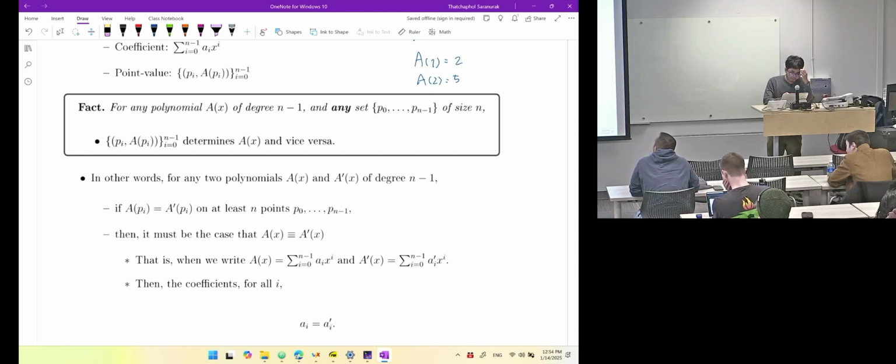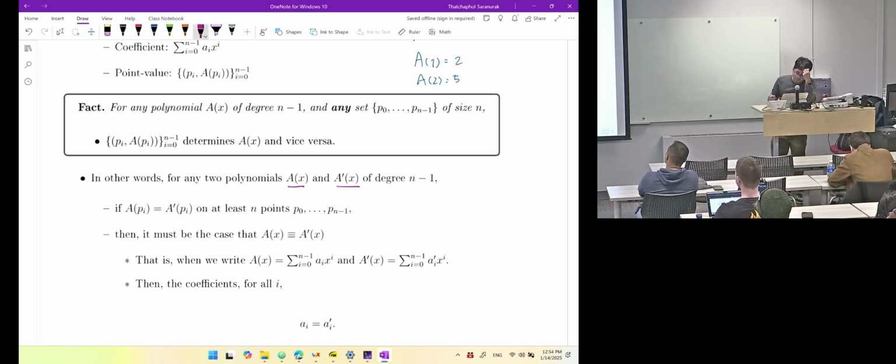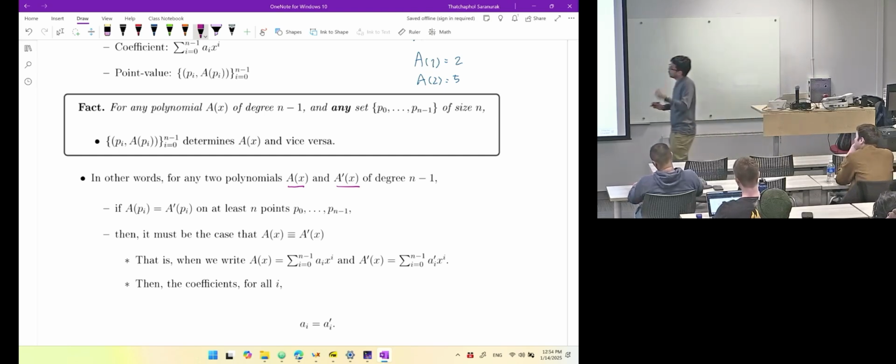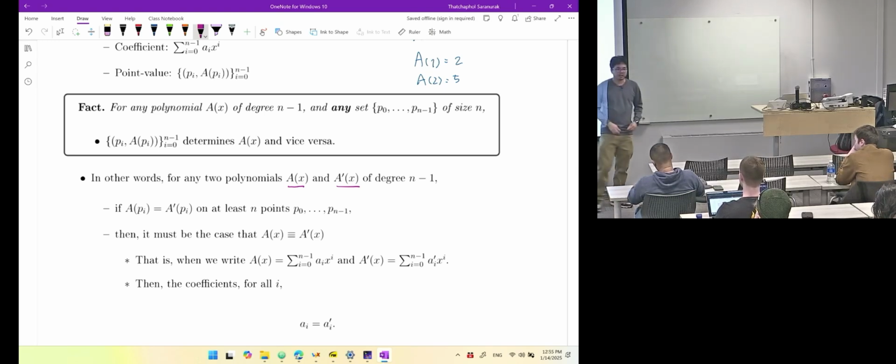So I'm just saying, repeating again: suppose that you have 2 polynomials A and A prime, and someone says that A and A prime somehow agree on n many points, then A and A prime must be exactly the same polynomial, as long as the degree is at most n-1. By exactly the same, I mean the coefficients ai and ai prime are exactly the same for all i.